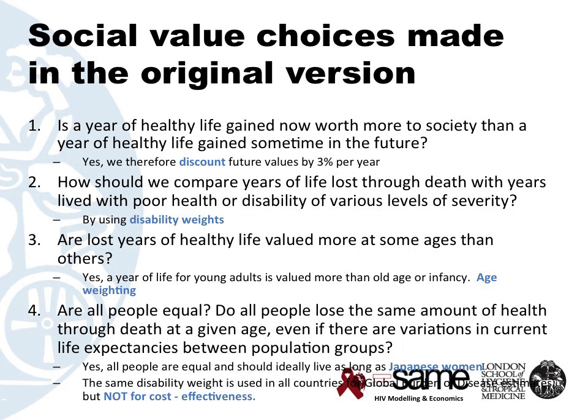The second big issue that has underlying social values in it is how should we compare years of life lost through death with years lived in poor health or disability of various levels of severity. And so the way that DALYs approach this is by using disability weights, and we'll talk more about that.